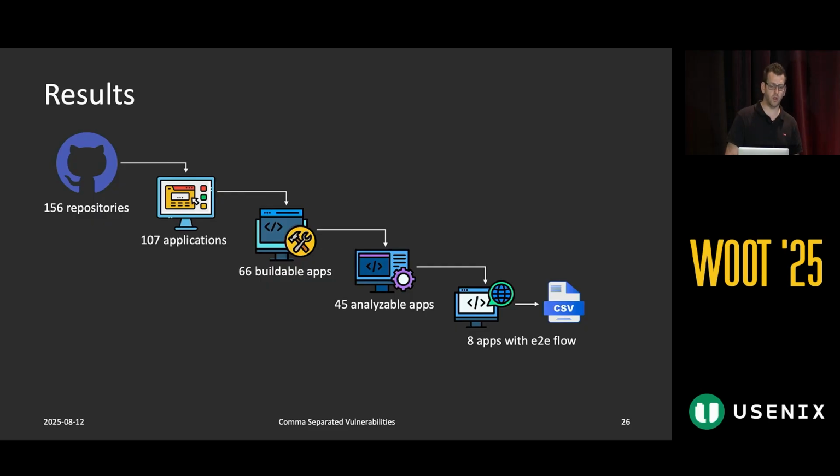Then we investigated all of them manually and removed all that only contain a bunch of scripts or tutorials or stuff like that. At the end, we had 107 real applications, and out of them, we were able to build 66 successfully. Out of these 66 applications, we successfully analyzed 45 and found in 8 applications an end-to-end flow.